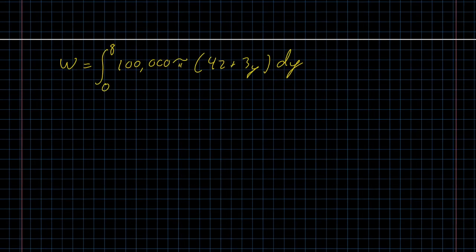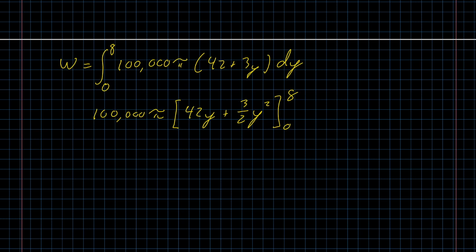Right? Antiderivative here. The 100,000 pi is just going to hang out in front. Antiderivative of 42 would be 42y. Antiderivative of 3y would be 3 halves y squared.